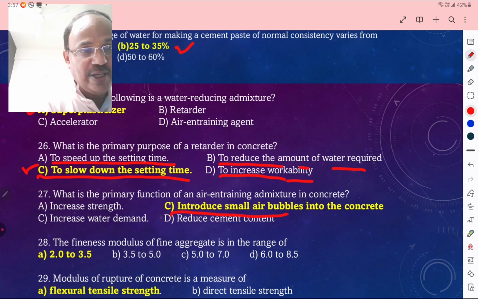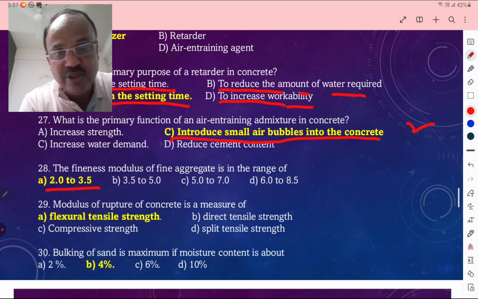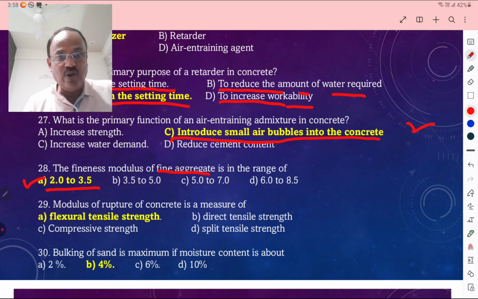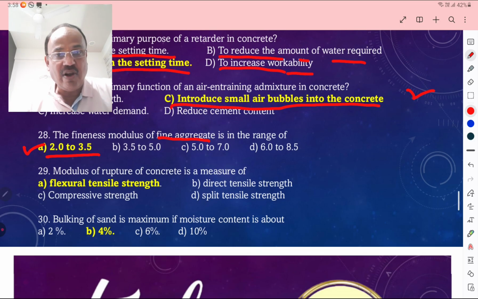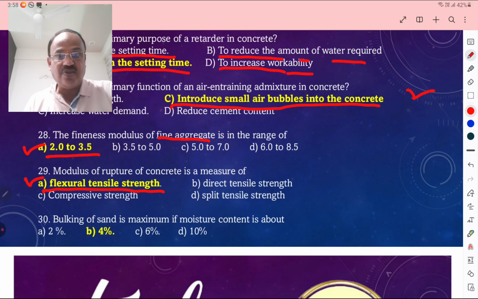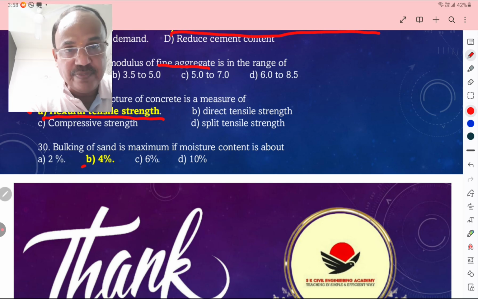Introduce small bubbles into concrete. That is true. The fineness modulus of fine aggregate is in the range of 2 to 3.5. Fine aggregate means sand. Modulus of rupture of concrete is the measure of flexural tensile strength. Modulus of rupture means flexural tensile strength. Bulking of sand is maximum if moisture content is about 4%.